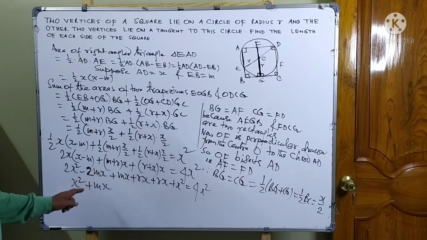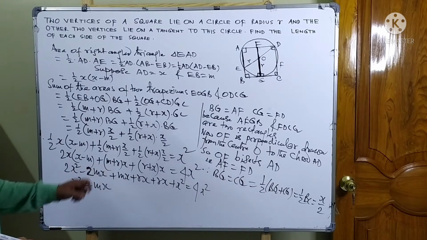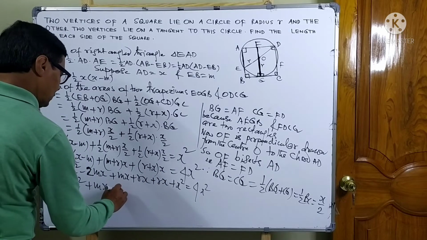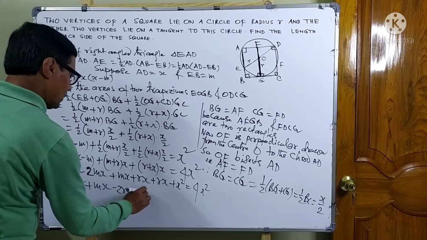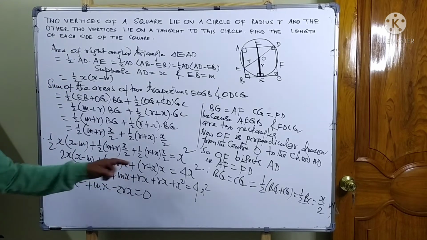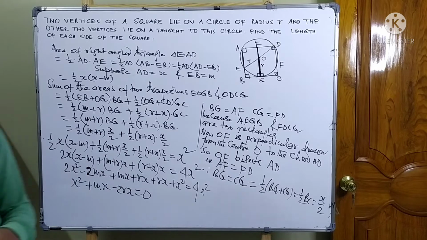So, x square plus mx minus 2rx equal to 0.